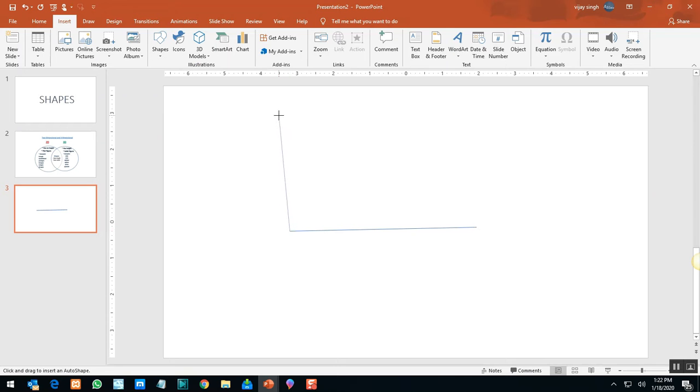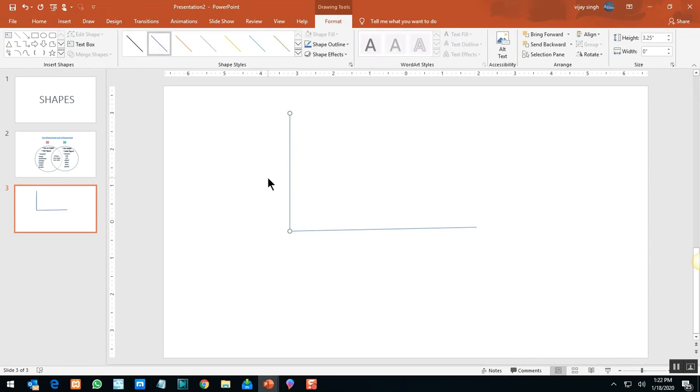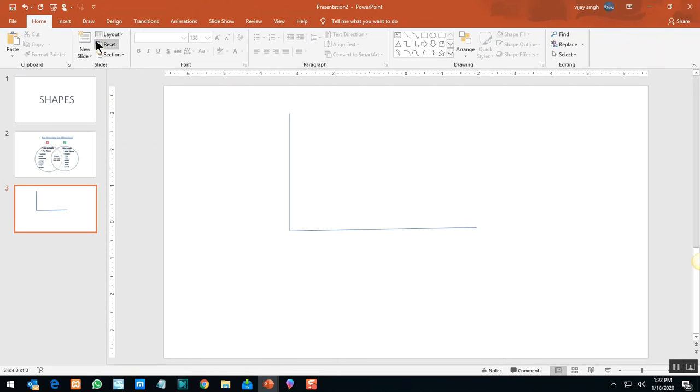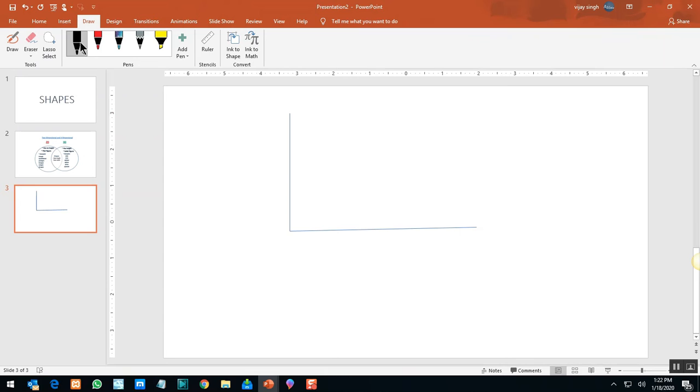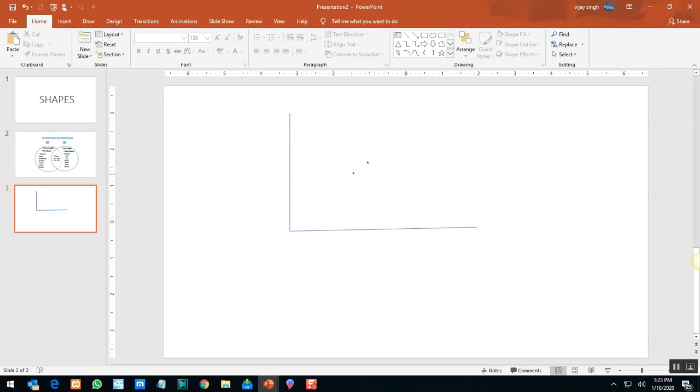So for example, you have one point over here, and somebody is asking you what is the address of this point. You imagine horizontally you have one number line and vertically you also have one number line.